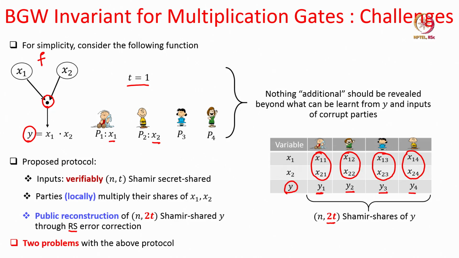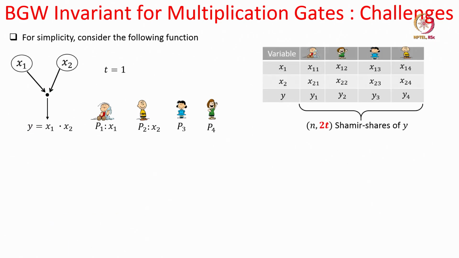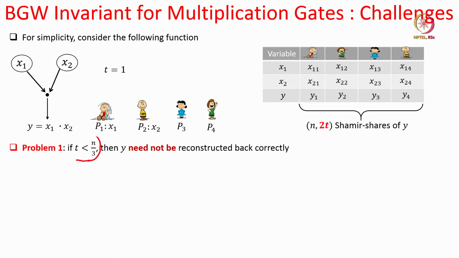Now, there are 2 problems with our protocol, and let us discuss both the problems individually. The first problem with the proposed protocol is that if we are in a setting where t is less than n over 3, which will be the case looking ahead for the BGW protocol, and which also happens to be the optimal resilience for perfectly secure MPC, then this function output y need not be reconstructed back correctly if t shareholders produce incorrect shares of y.